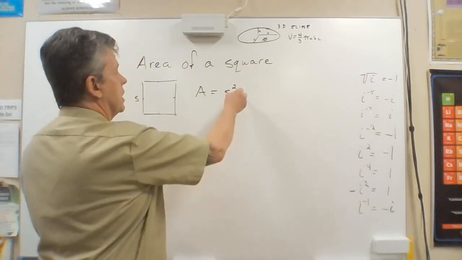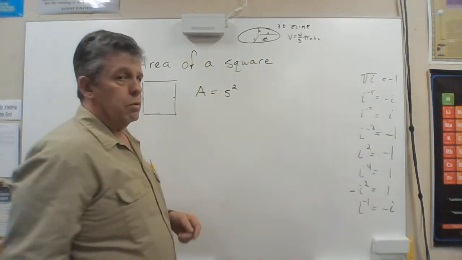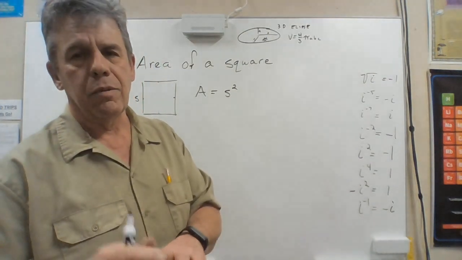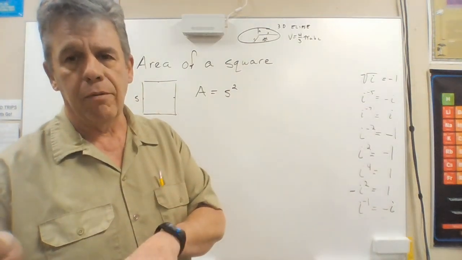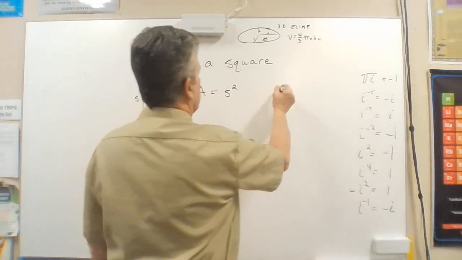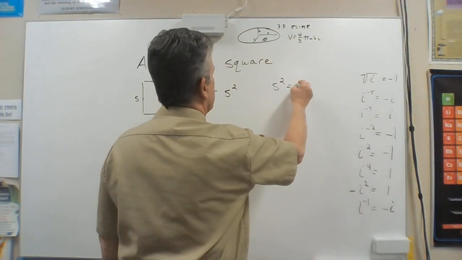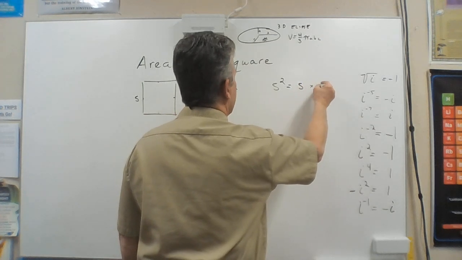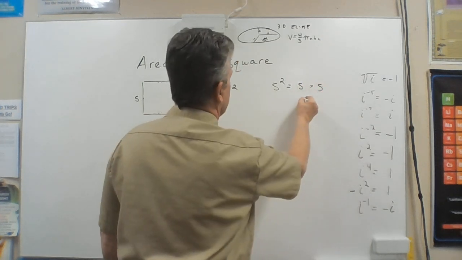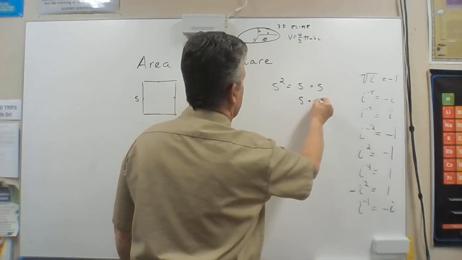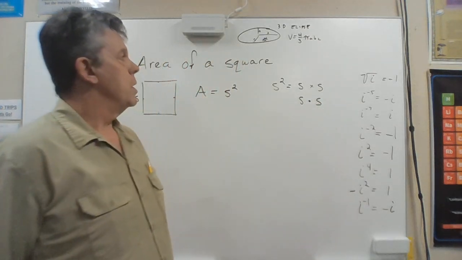When we have an index, the index of 2 just tells us how many times to multiply s times itself. So s squared is equal to s times s. It's also the same as writing s with a dot in between, times s.